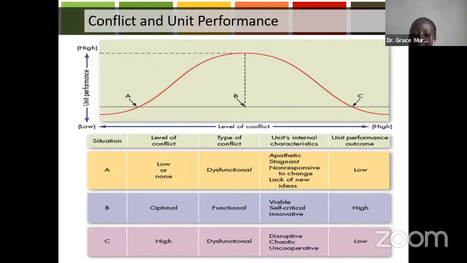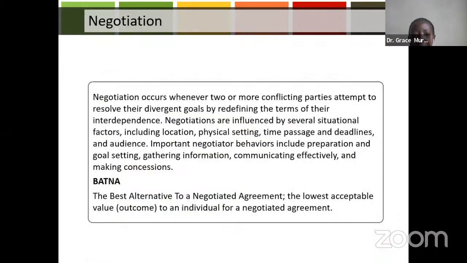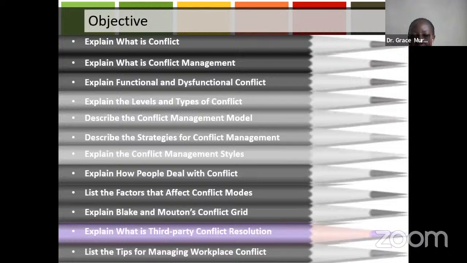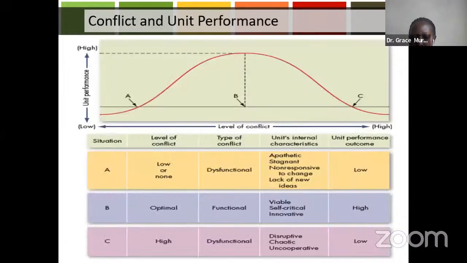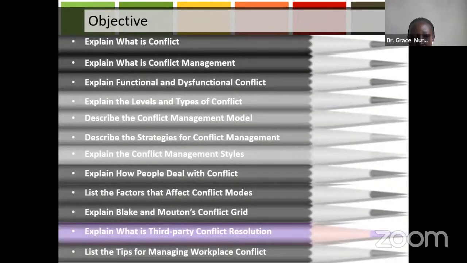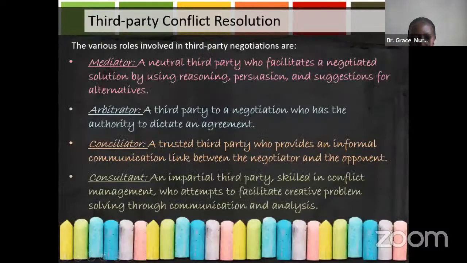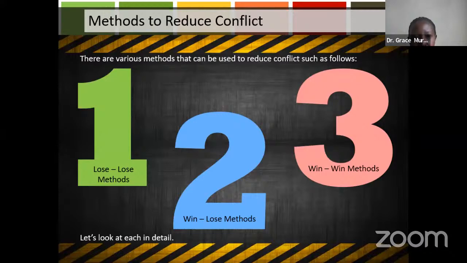So let's see, then how do we push? If we are at point A, the conflict is at point A. How do we push it so that we move to point B? I want us to look at how we increase conflict, and then methods to reduce conflicts.